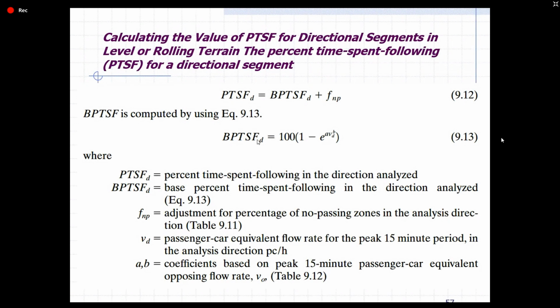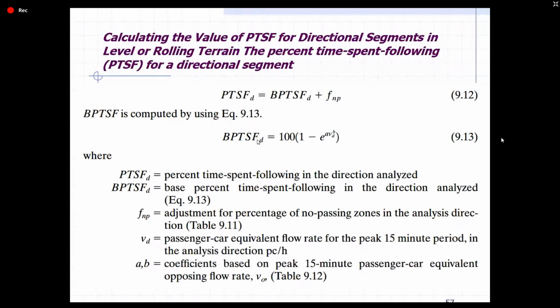So, your base PTSF, this is, you now have your A multiplied by your V sub D. Your V sub D is raised to your B. A and B are your coefficients based on your 15-minute passenger car equivalent flow rate, which is in table 9.2.